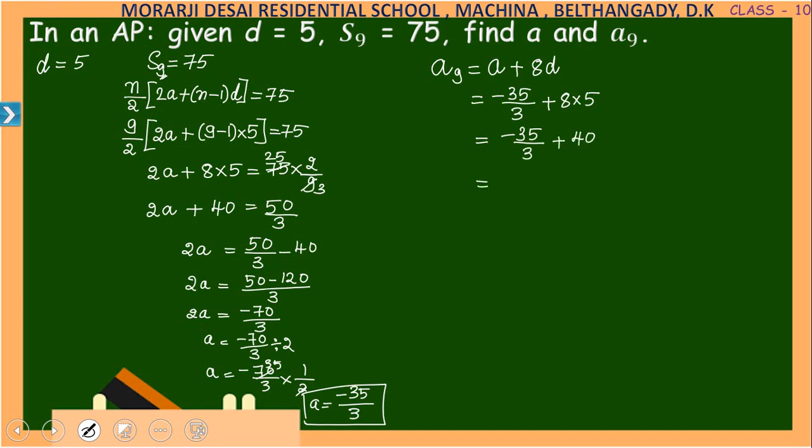That is equal to, 3 is the common denominator, minus 35 plus 3 4s are 12, 120. 120 minus 35 is 85, plus 85 by 3. Therefore, A9 is equal to 85 by 3.